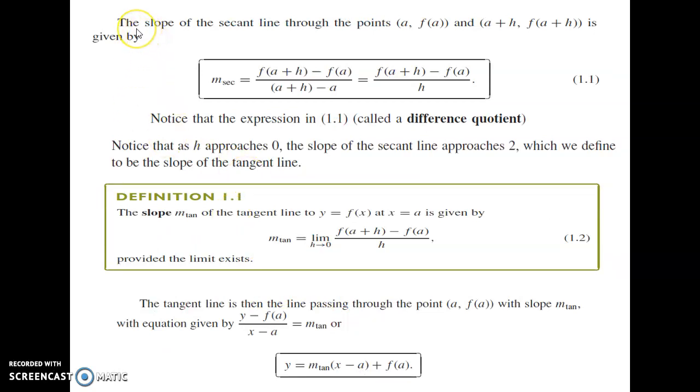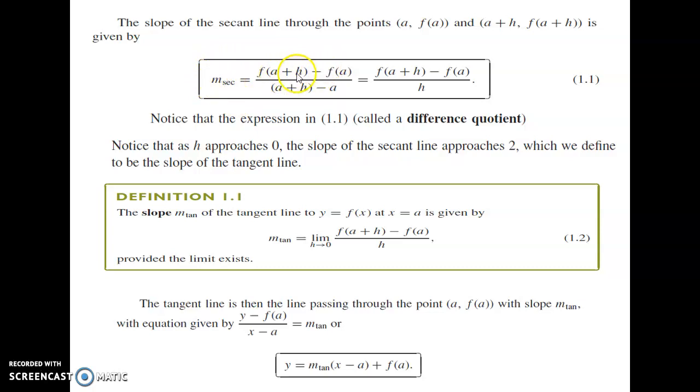Here we use the idea of geometry: if you want to find the slope of a line joining the 2 points (a, f(a)) and (a+h, f(a+h)), that means I am finding the slope of the secant line joining these 2 points. I denote the slope of the secant line by m_sec.